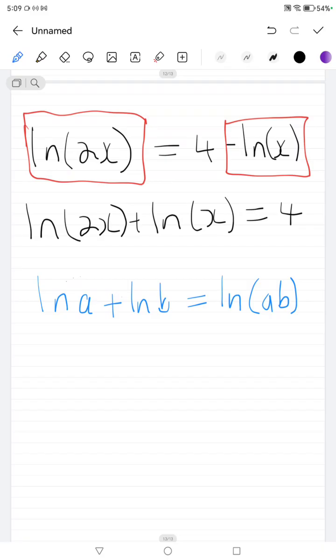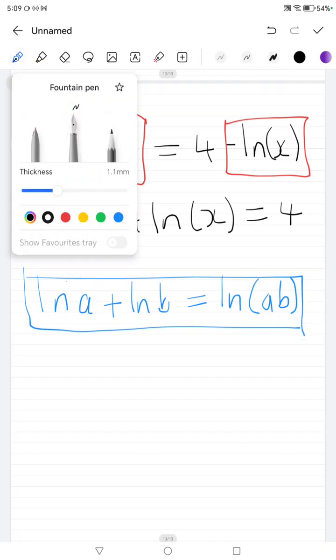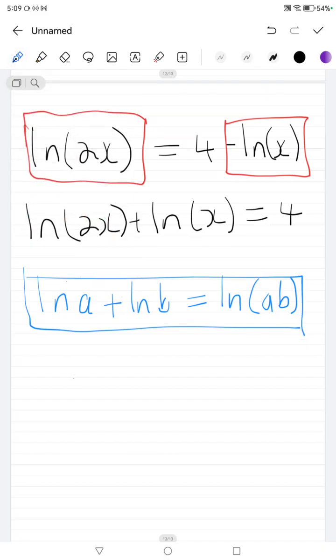So what are you going to have? It means now from this theory that you have here, you're going to have your ln of 2x squared, which will be equals to 4. You see?